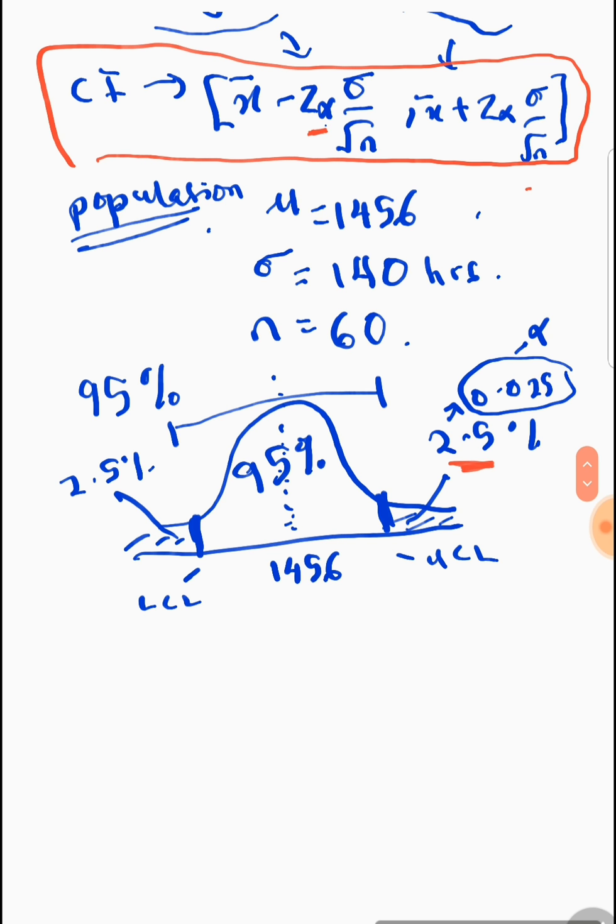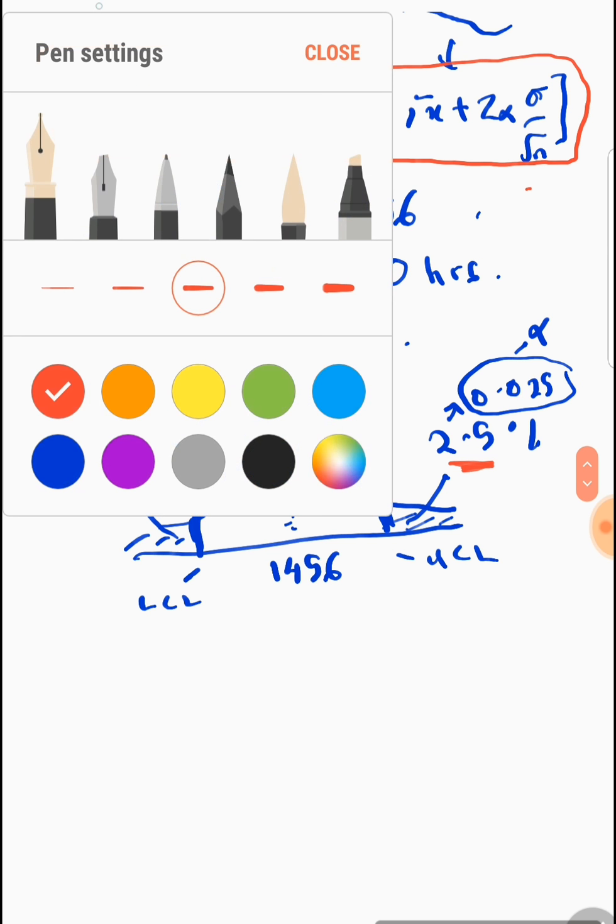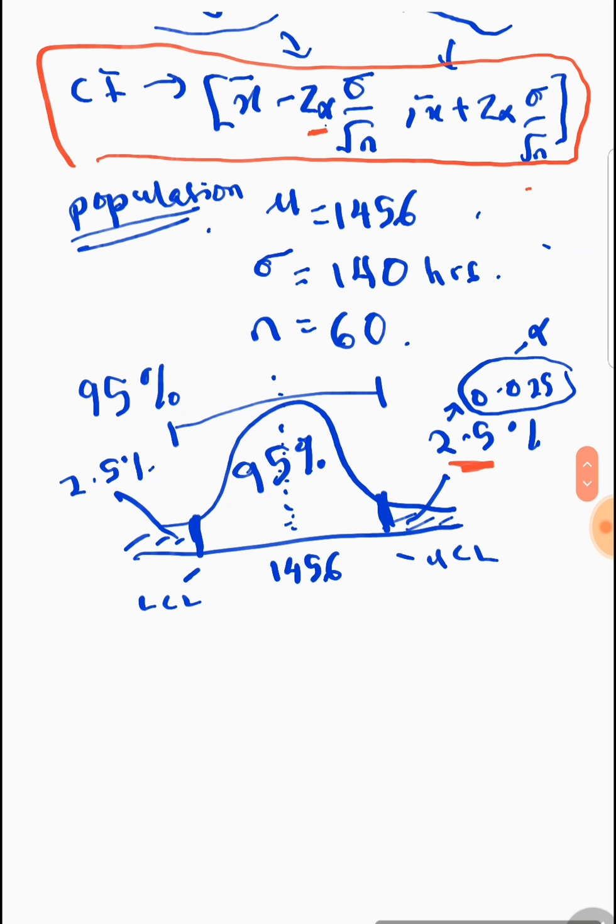All right, so which means if I am going to write it back, it means that I am going to write my confidence interval in this form.